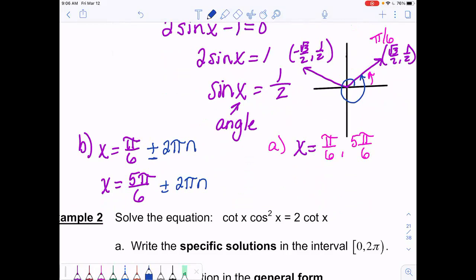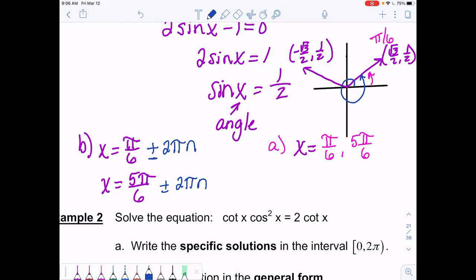So part of the homework just wants the general form, but really you need the actual angles in order to write the general form. But some of the homework just says write the angle answers, so you wouldn't have to do this part. Questions? So we just solved the trig equation. Any questions?